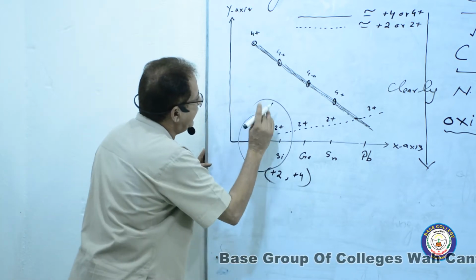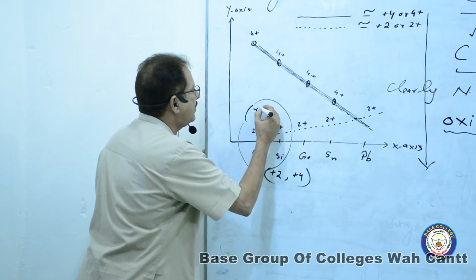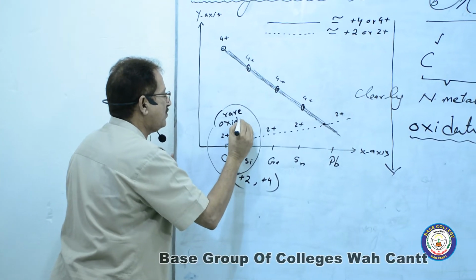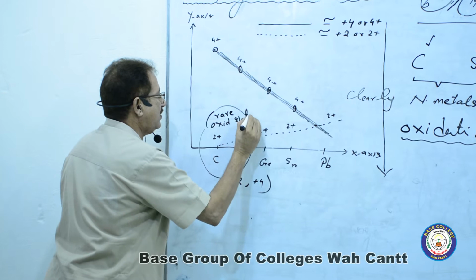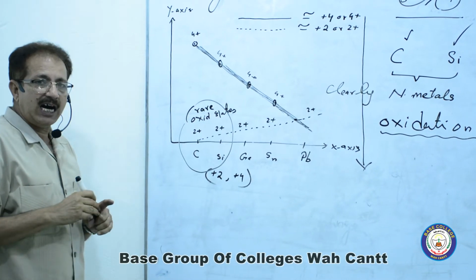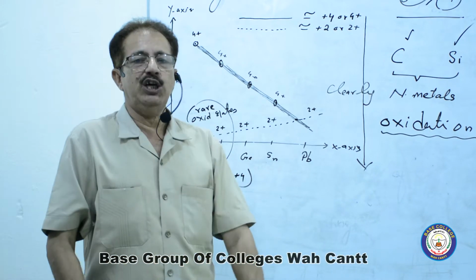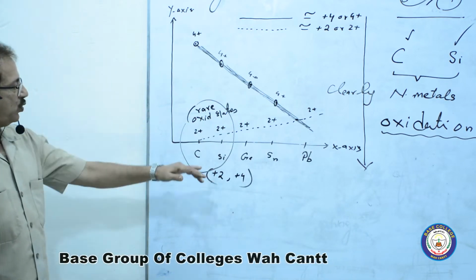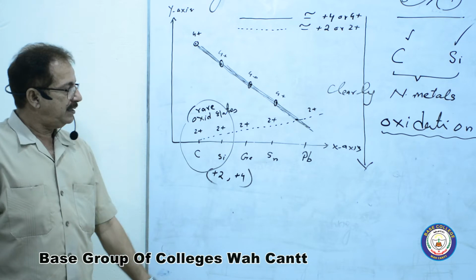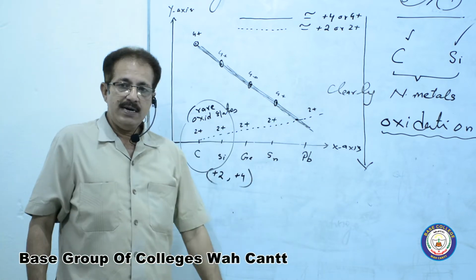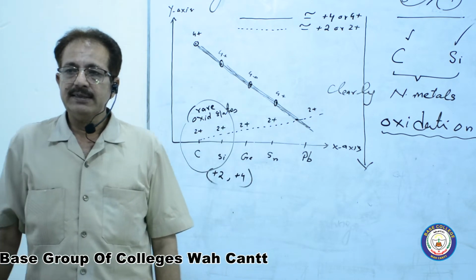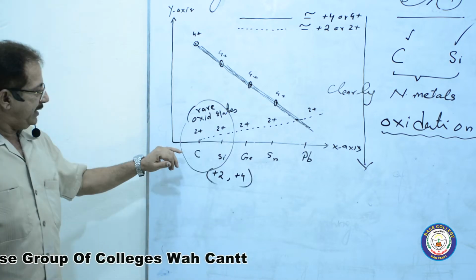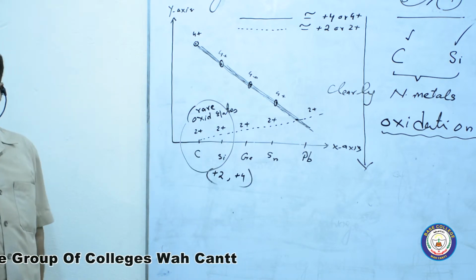So I write here rare oxidation state. It means carbon has negligible plus 2 oxidation states. Of course, germanium has, tin has, lead has as well their plus 2 oxidation states, but the rare case is found in carbon and silicon.